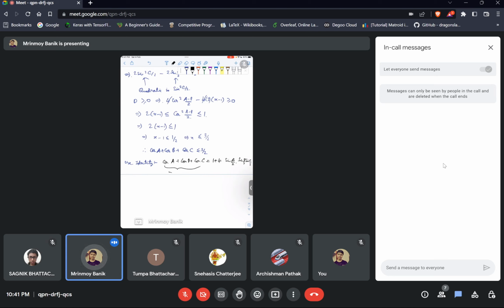This is bounded above by 3 by 2. So 3 by 2 minus 1 is the upper bound, divided by 4. The upper bound for sine A by 2 sine B by 2 sine C by 2 is half by 4, which is 1/8.